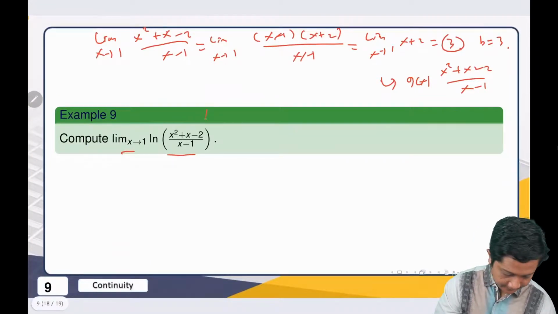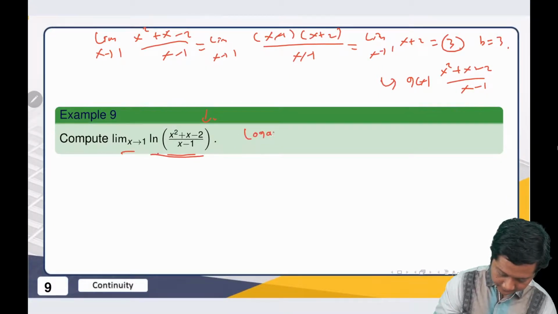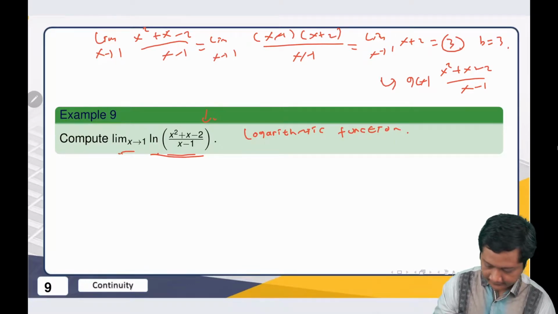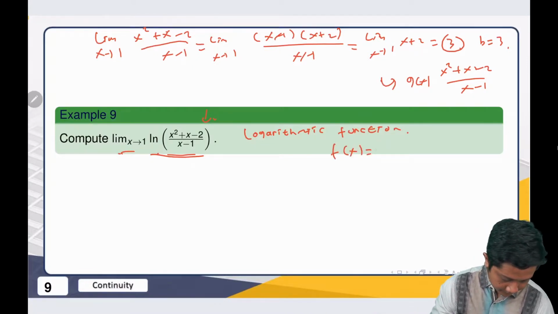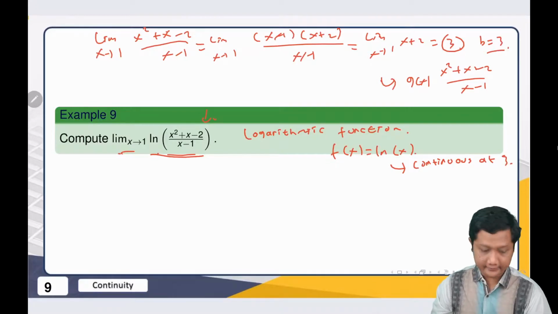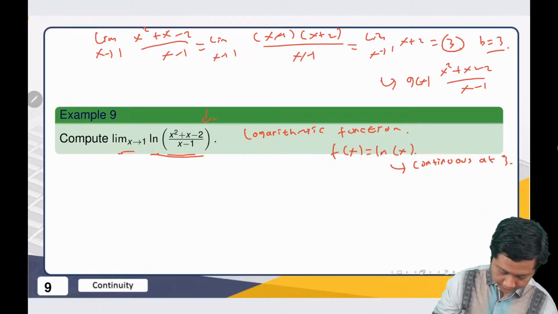It is clear that this is a logarithmic function, and our f is ln, so of course we have f(x) equal to ln x, and clearly this is continuous at 3. Then how do we compute this limit?